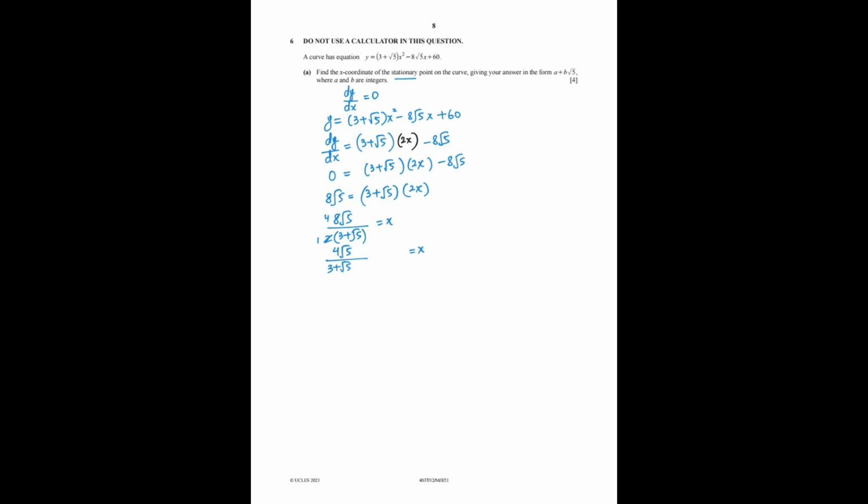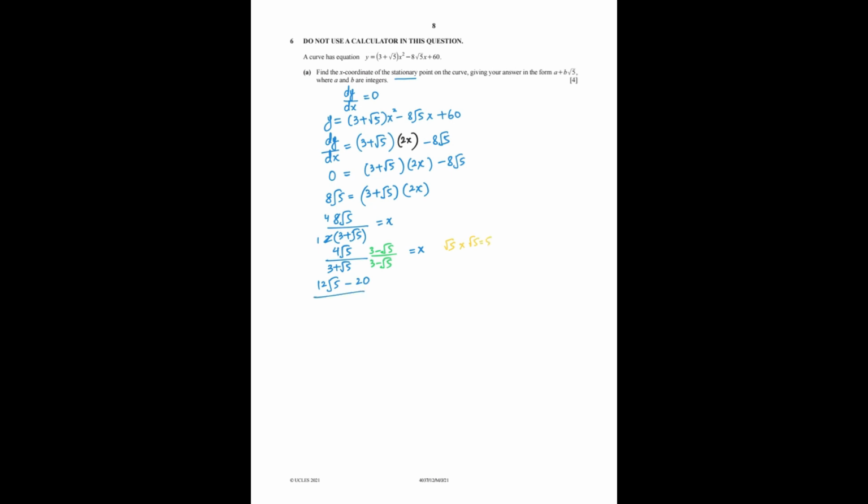We need to apply rationalizing here, so we need to multiply by (3 − √5) and divide by (3 − √5), right? Now we start with the multiplication. 4 3s are 12, so it will be 12√5 minus 4 into 4 5s are 20, the reason being √5 into √5 equals 5.